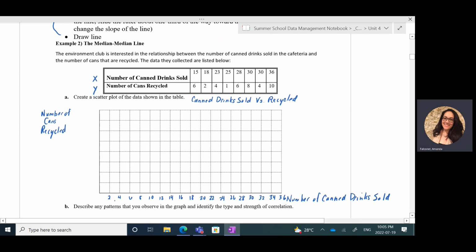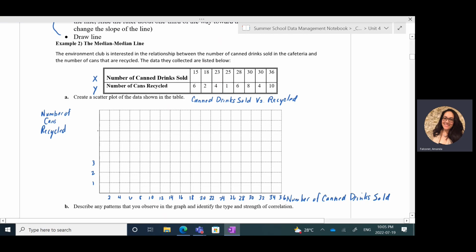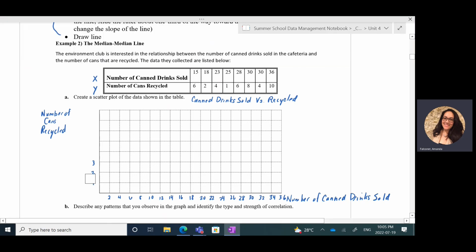So I'm going to now figure out my number of cans recycled. Let's just do 1, 2, 3. Oh wait, no, I have to go up to 10 there. I'm going to go by twos on that one.